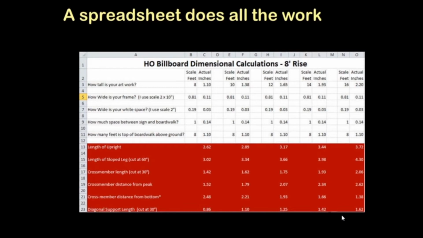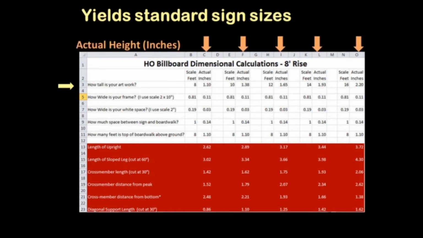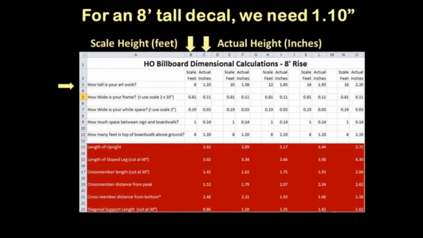But how long? This depends on the height of your face frame and how tall you wish the billboard to be above the ground. In an earlier tutorial, I suggested that a small set of standard billboard heights be used, and stated that an 8-foot HO scale billboard would translate into 1.10 inches of height.